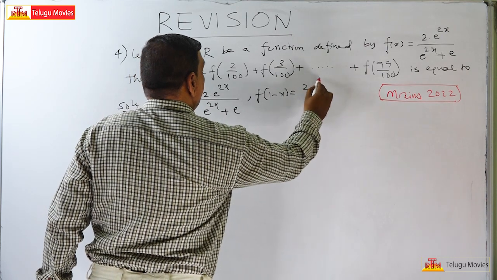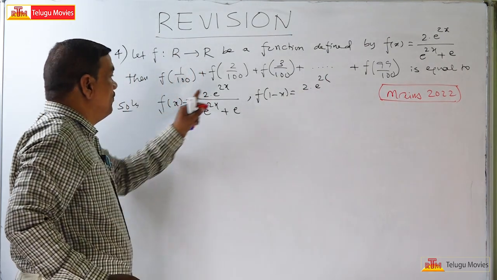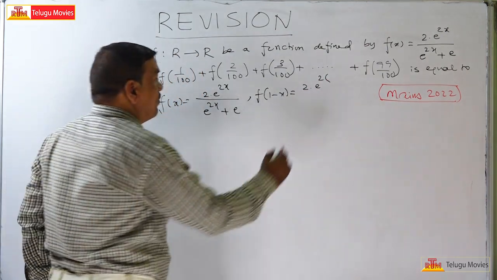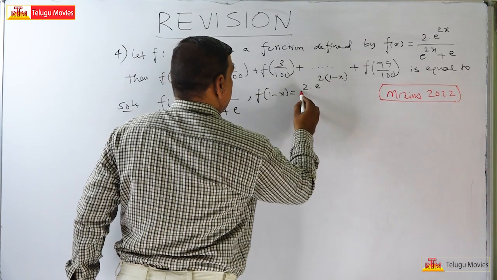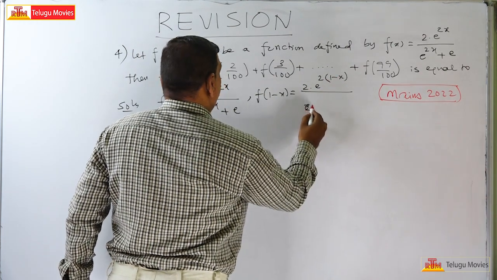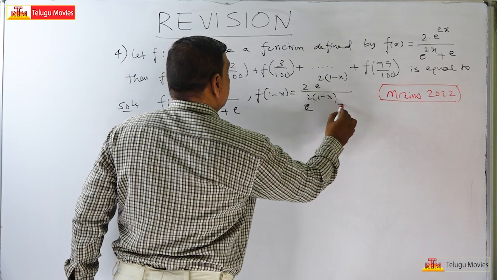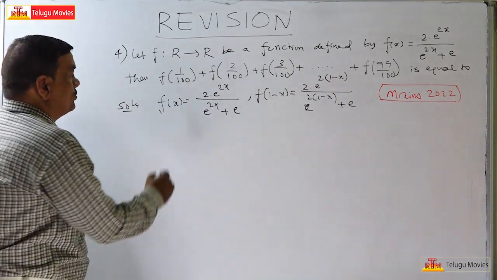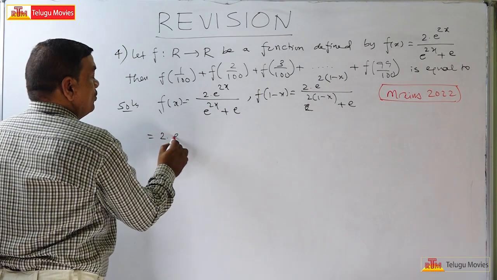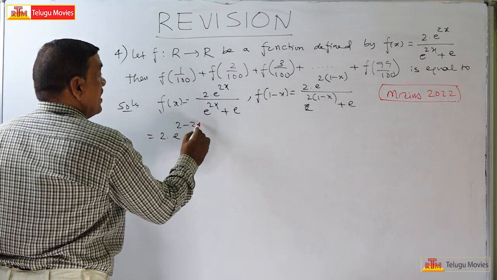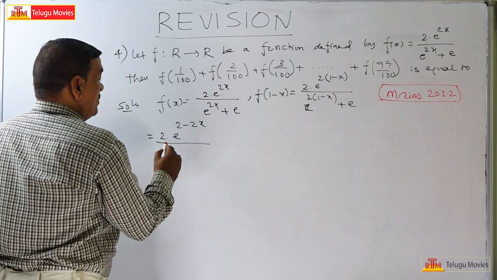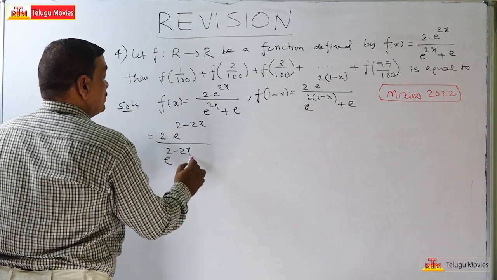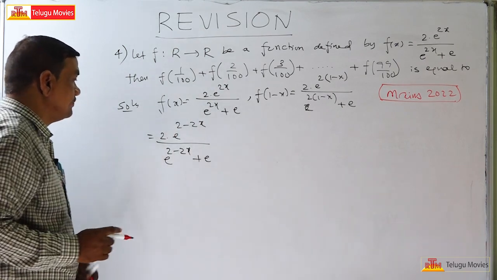That is 2 into e power 2 into (1 minus x) by e to the power of 2 into (1 minus x) plus e. Let us calculate that value. That is equal to 2 into e to the power of 2 minus 2x by e to the power of 2 minus 2x plus e.